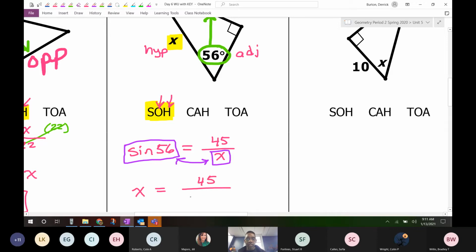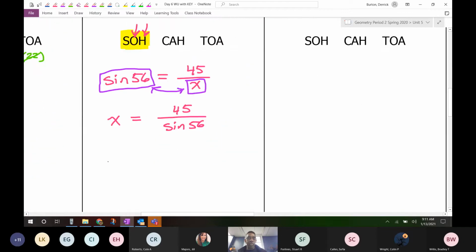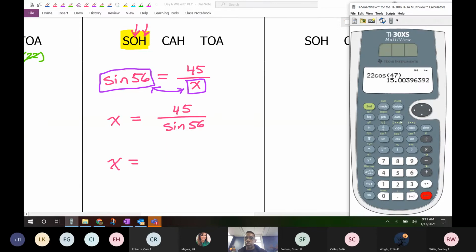The sine 56 is going to end up in the denominator. And then this is something that can be put in the calculator. Okay, so I'm going to have 45 over sine 56.